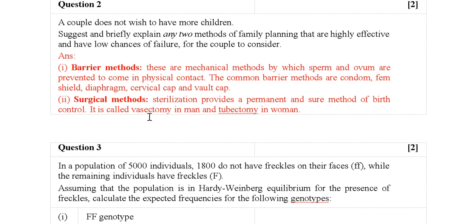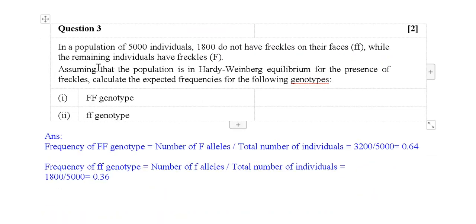Okay. Next question. In a population of 5,000 individuals, 1,800 do not have freckles on their faces, small f, while the remaining individuals have freckles, capital F. That means those who have freckles are capital F, and where freckles are not there, we consider it as small f.